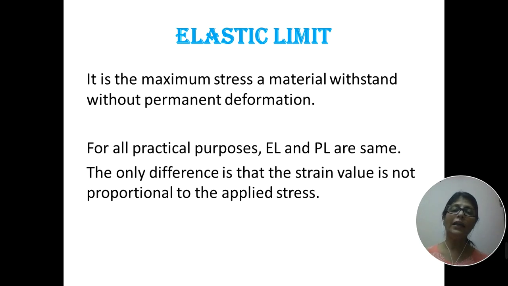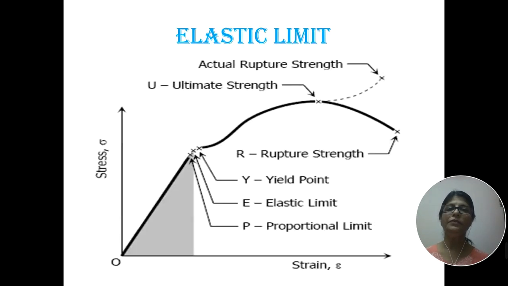For all practical purposes, although the EL and PL are the same, the only difference is that the strain value in elastic limit is not proportional to the applied stress because some amount of deformation has taken place, although it is elastic in nature. So both by definition are the same. On the graph also, this point just beyond the proportional limit is the elastic limit.